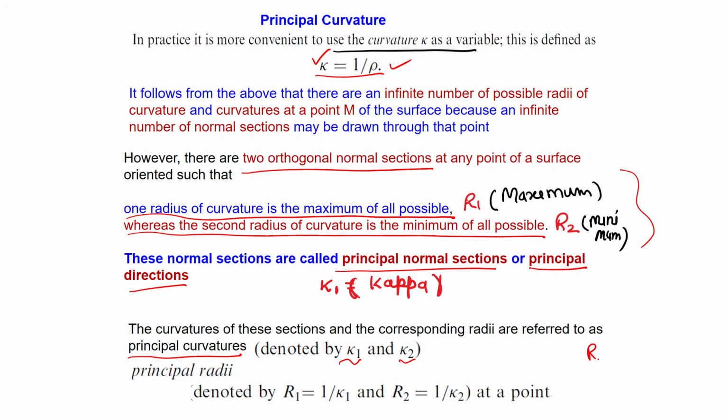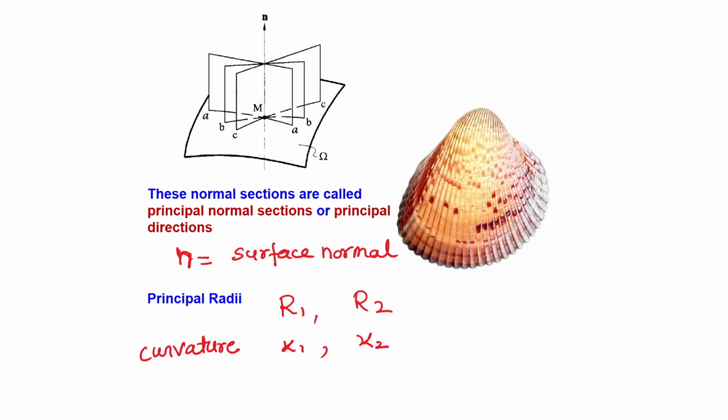If kappa 1 is 1 by R1, then R1 is 1 over kappa 1. If you know the curvature, you can find the radius. If you know the radius, then you can find the curvature. So these are principal normal sections, principal radii and principal curvatures.